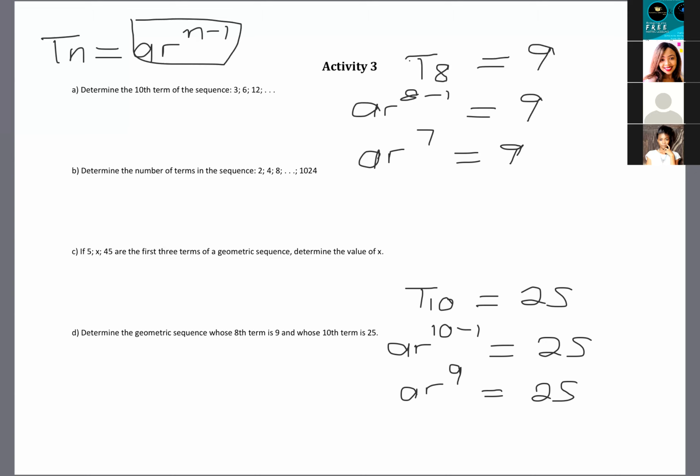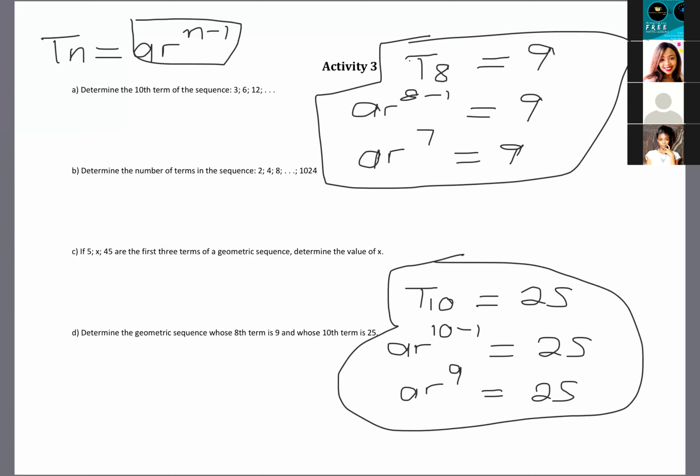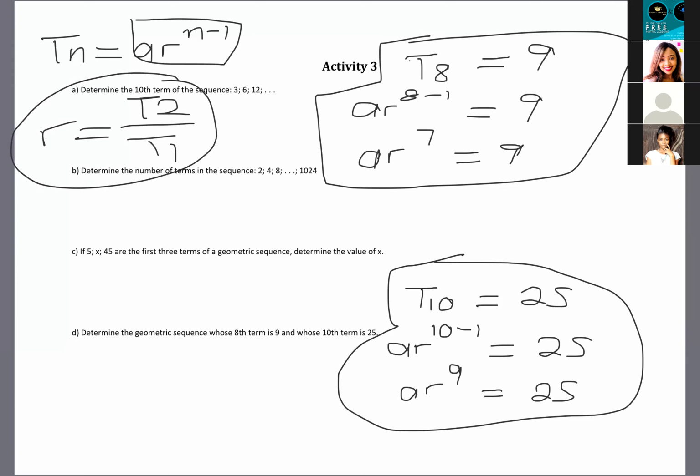And then I'm going to take these two formulas that I did there, and remember when I told you that whenever I'm looking for r, I take my T2 over my T1. Yes, ma'am. So I'm basically going to do this with both equations. I'm going to take this last one and this last one and equate them.